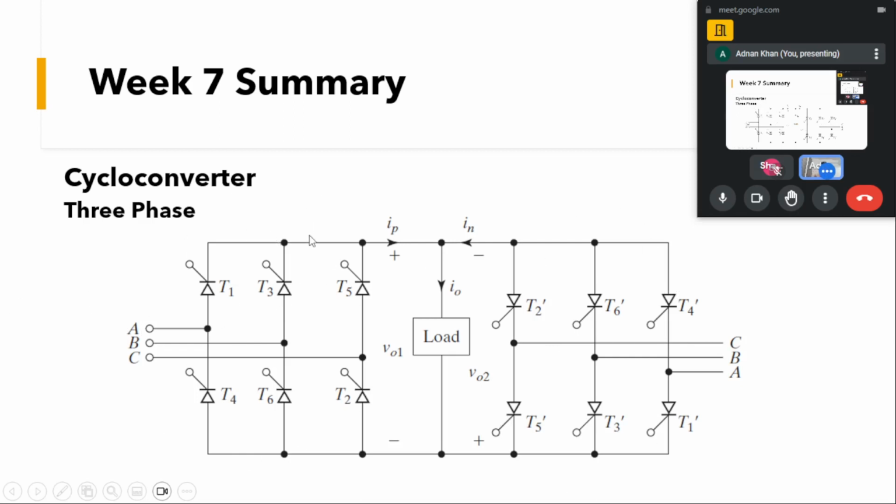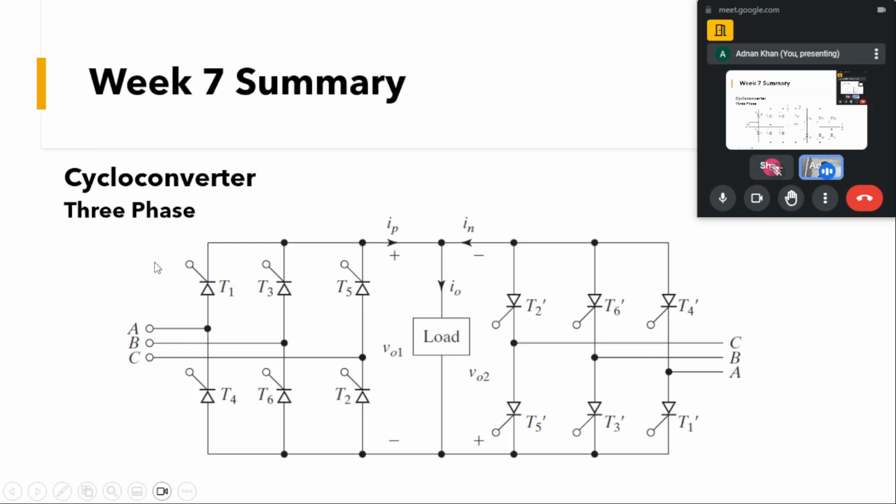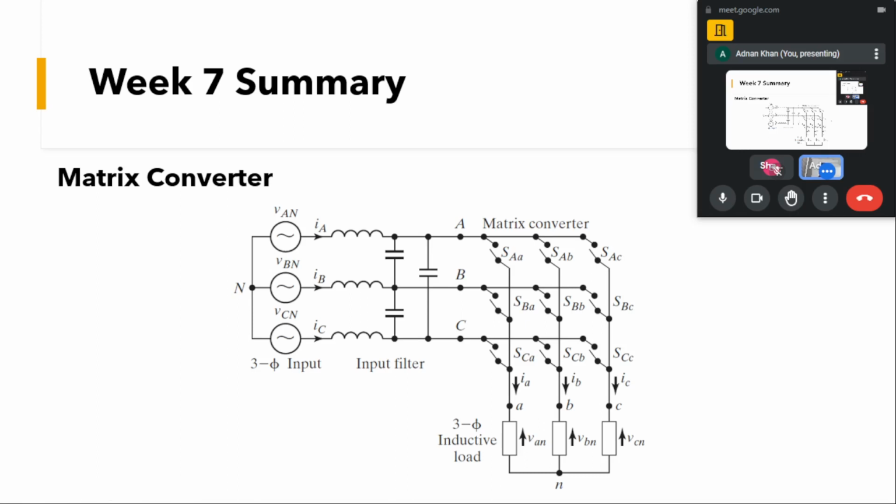During the positive half the P side will conduct, and during the negative half the N side will conduct, in a similar fashion as I explained here. The positive current is conducted by this side and the negative current through this side, so we get a positive voltage across the load when this converter is turned on, and negative when this converter is turned on.